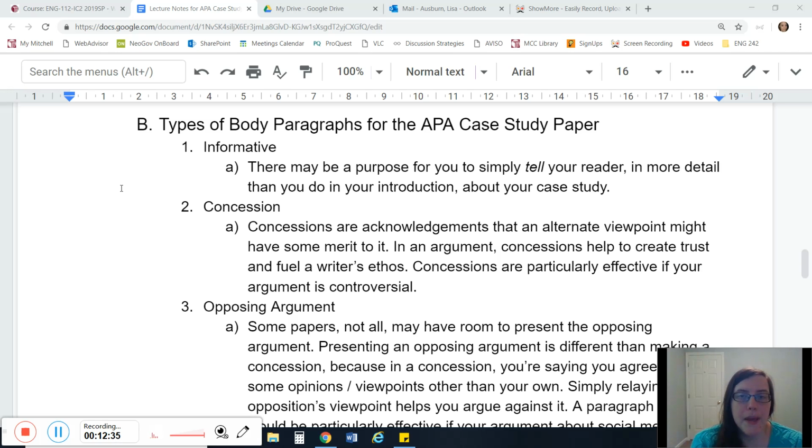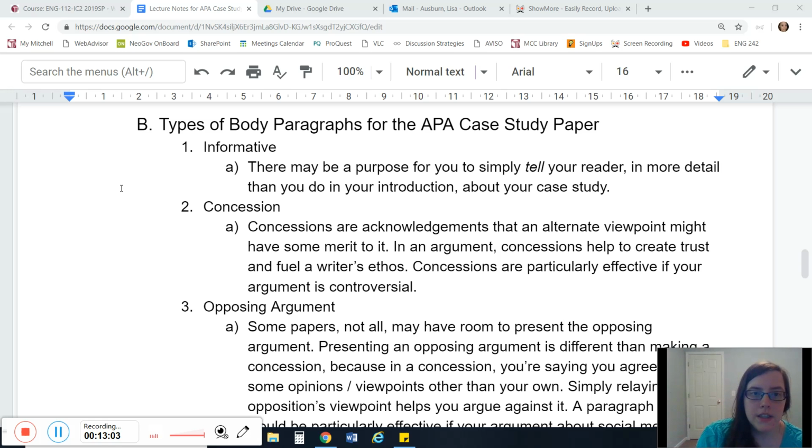So it would probably come immediately after the introduction, and it would only be effective if your introduction didn't really cover too many details. It just maybe talked about social media, a little bit about your case study, but now you're giving a ton of information. There may be a few paragraphs in your paper that could be purely informative, and that would likely be all right.